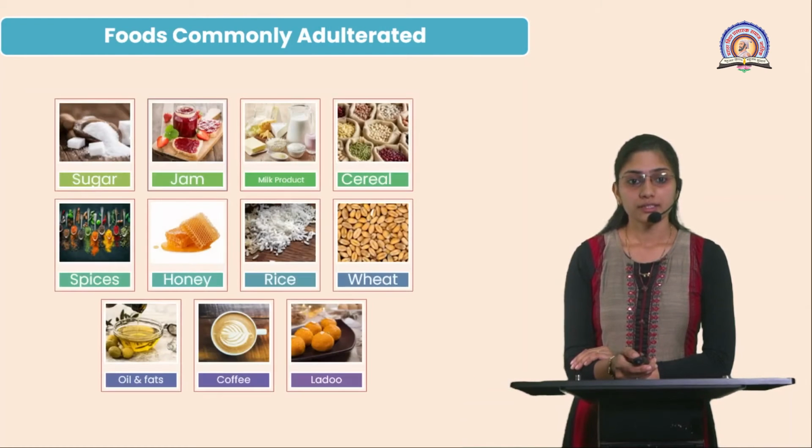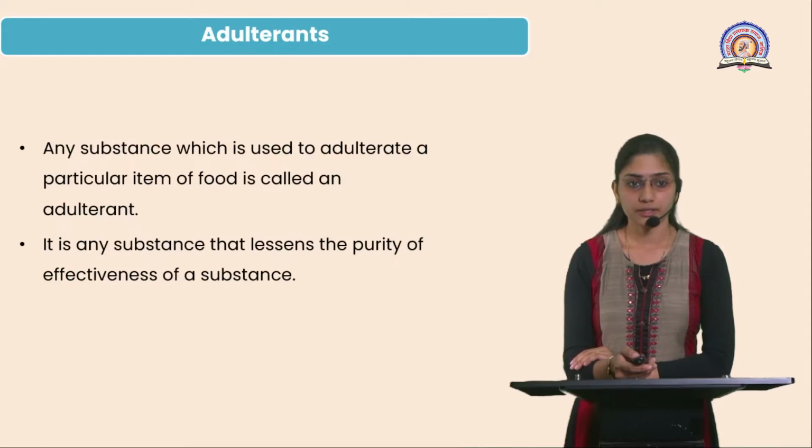Now you can see here some pictures of adulterated food: sugar, jam, some milk products, cereals, rice, wheat, coffee, oil and fats, honey, spices. These are all foods in which different adulterants are present.